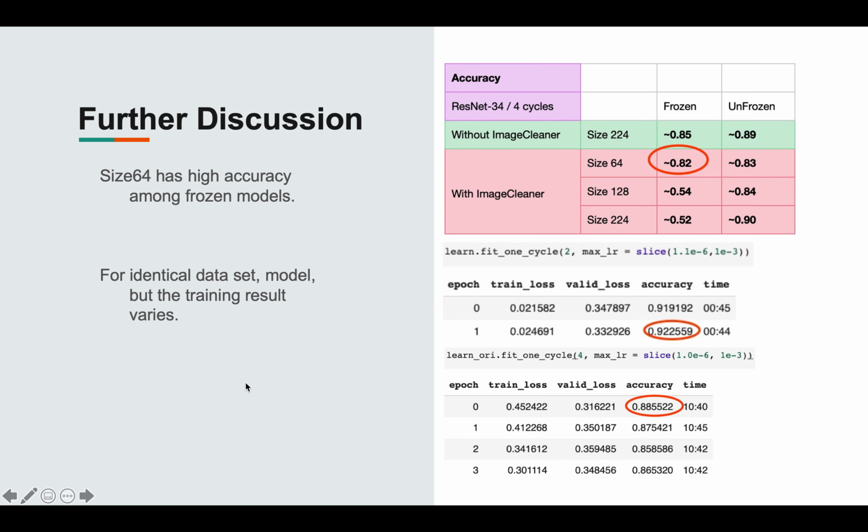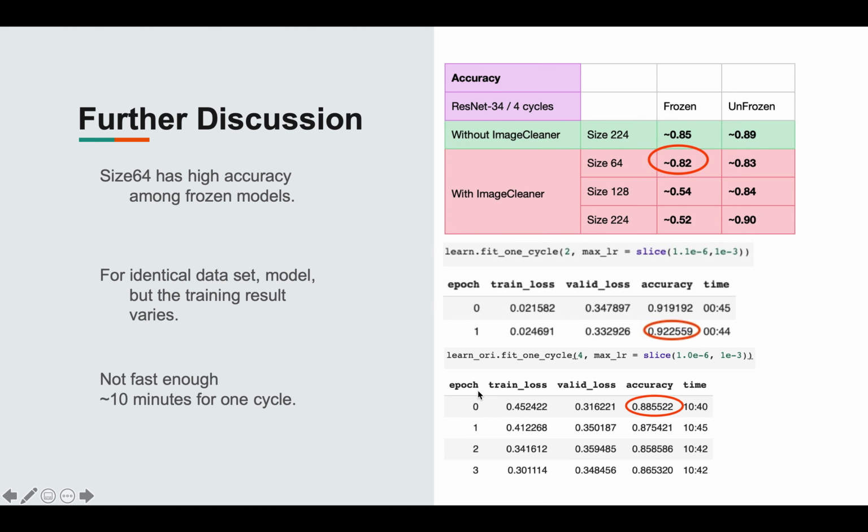And the third point I would like to discuss is about the training time. If we see this one, the training time is about 10 minutes per cycle. And if we do it for 4 cycles, that means it's 40 minutes for training one model.